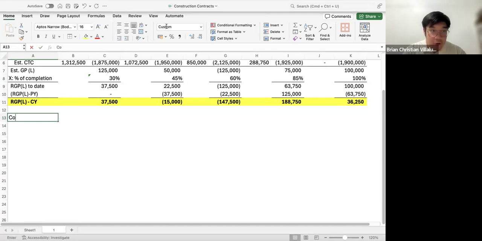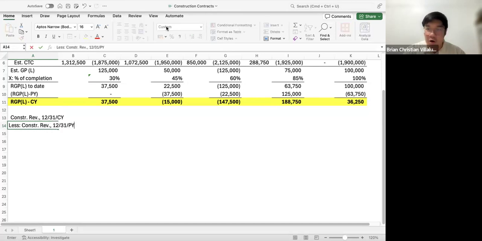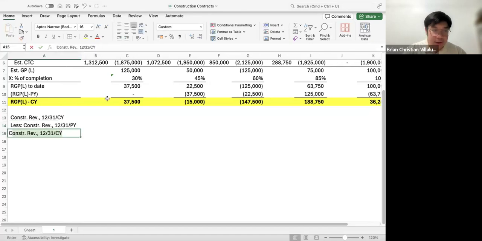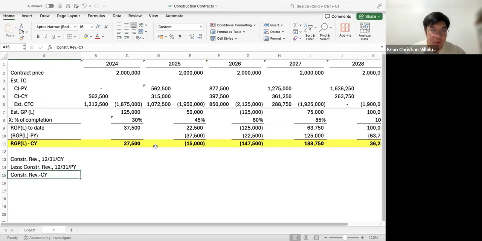That is equal to construction revenue as of December 31 CY less construction revenue December 31 PY or prior year. Okay? Yan. So construction revenue for CY. Itatapat ko na lang sa mga years, okay? Para mas mabilis natin silang makita. Okay?